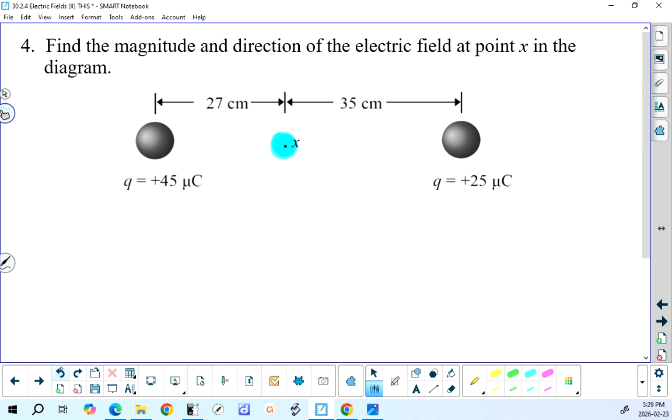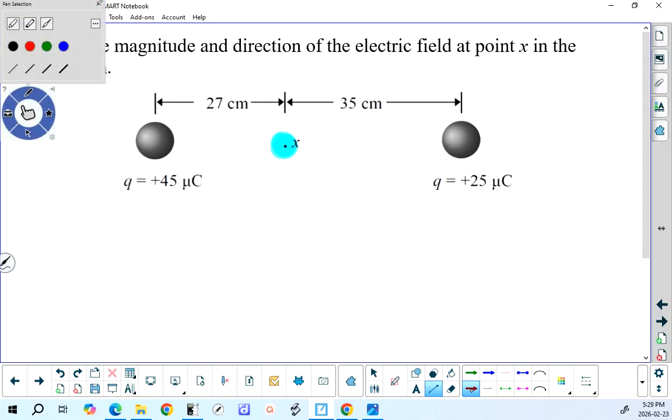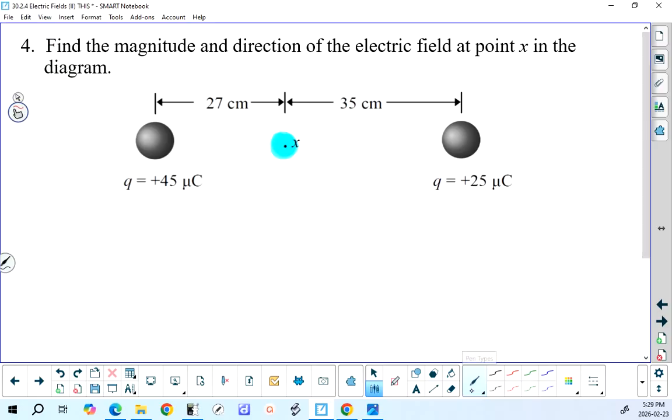Well, we recognize, everyone, that there is an electric field at x due to the charge on the left. And I'm actually going to label these. I don't know if they're labeled in your notes. I don't think they are.